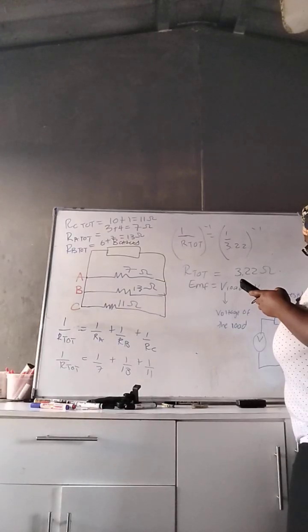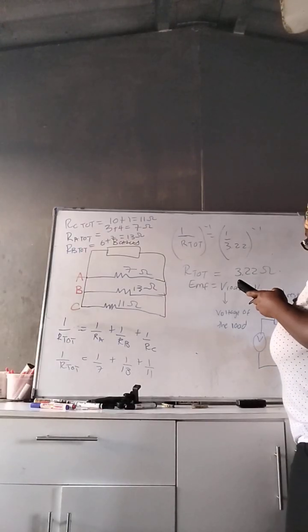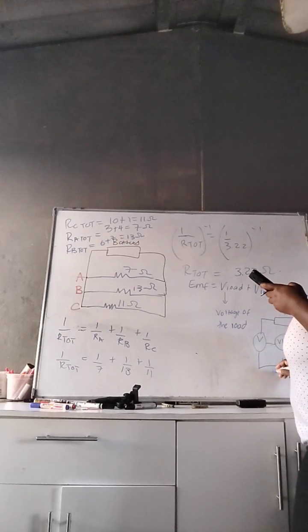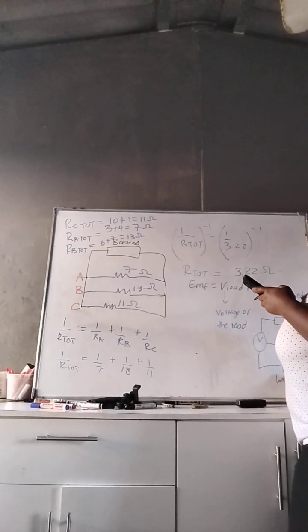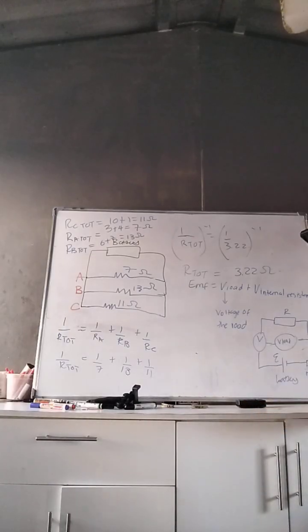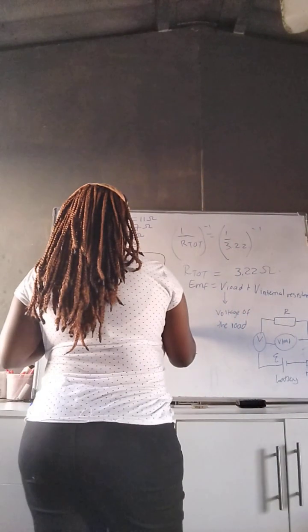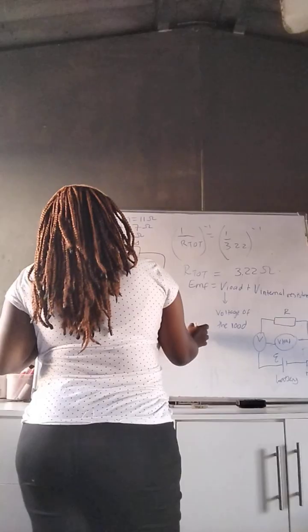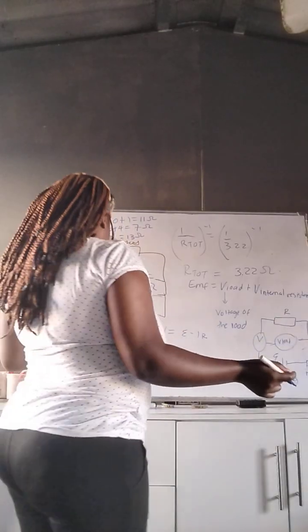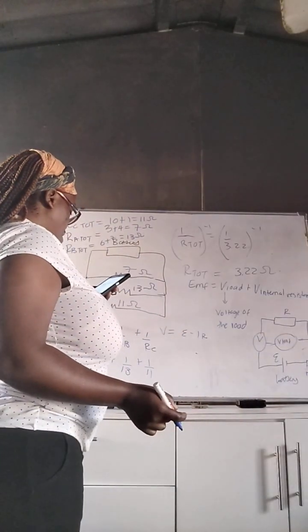So this is our V load, connected like that, and our E is somewhere here. So V is always equal to E minus I R, like that.